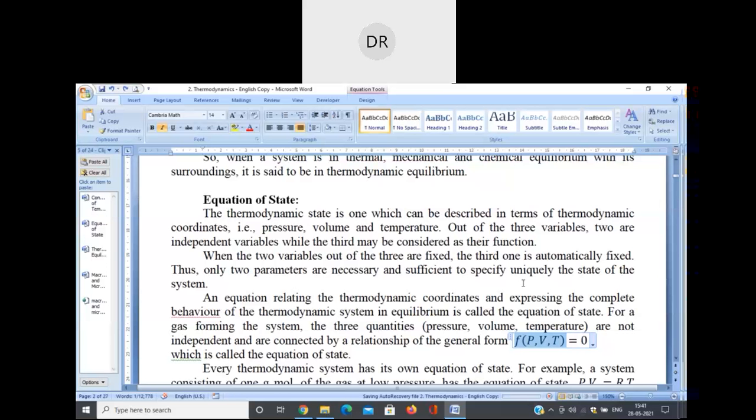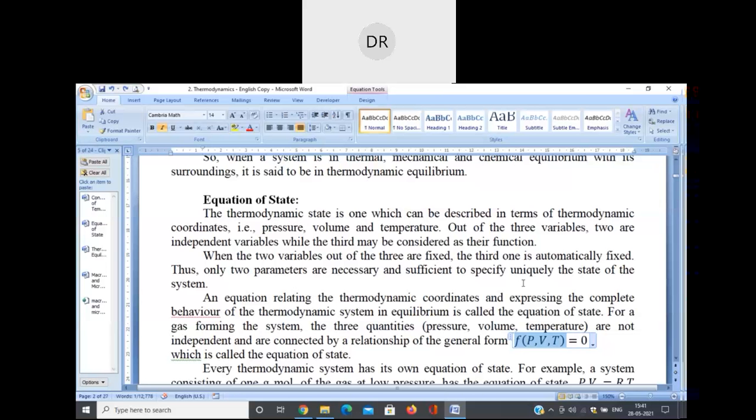P is proportional to 1/V, or P is inversely proportional to V. Both are the same. That means PV equals a constant. This is a very famous equation based on the thermodynamical parameters pressure, volume, and temperature. So Boyle's law gives an equation for a system at constant temperature.